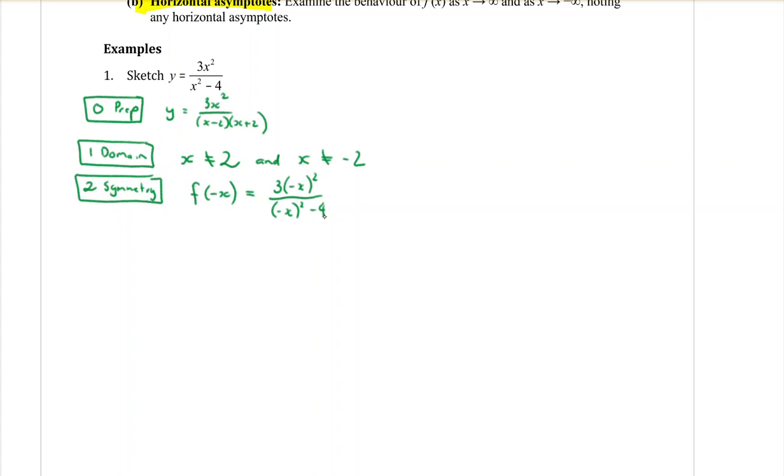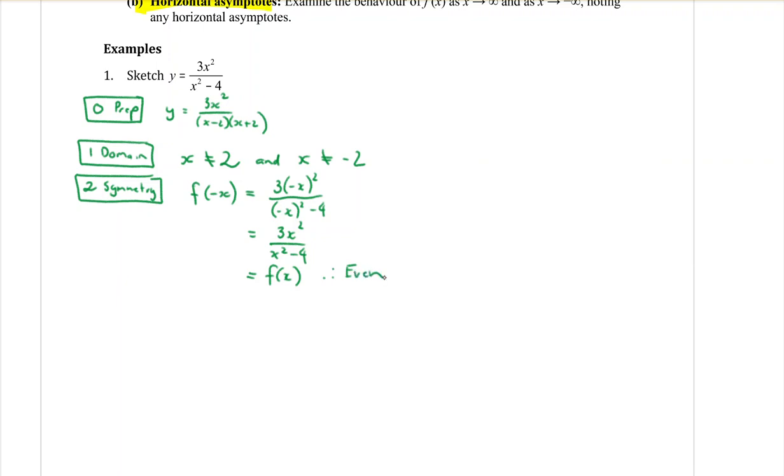Now, anytime you square a negative number, it becomes positive. So that is the same as 3x squared over x squared minus 4, because squaring those negatives just became positive again. What I now have there is exactly the same as my original function, so that is equal to f of x, and therefore it is even.